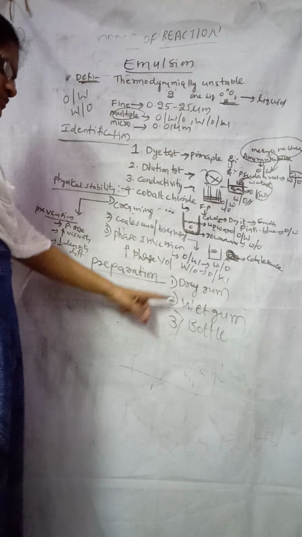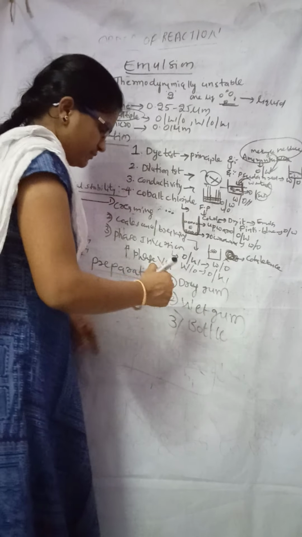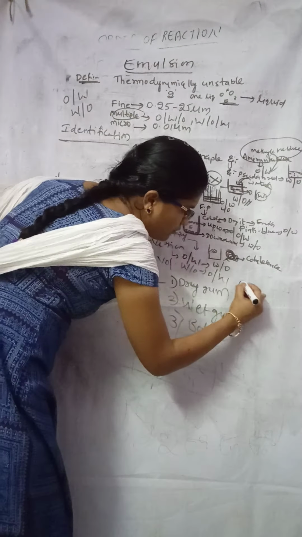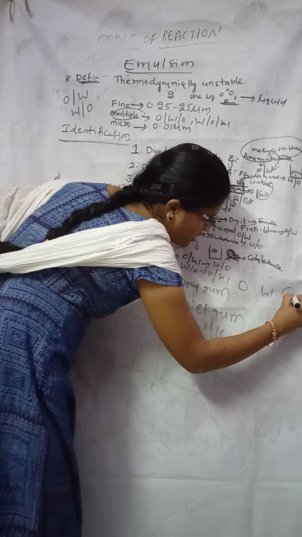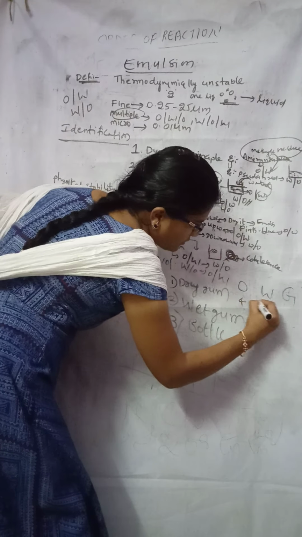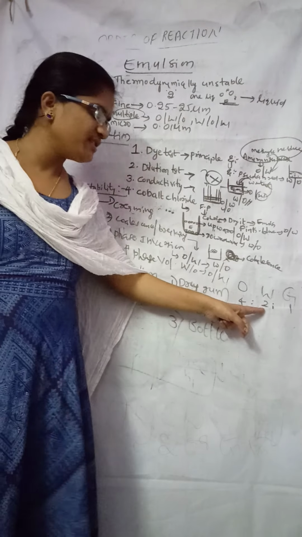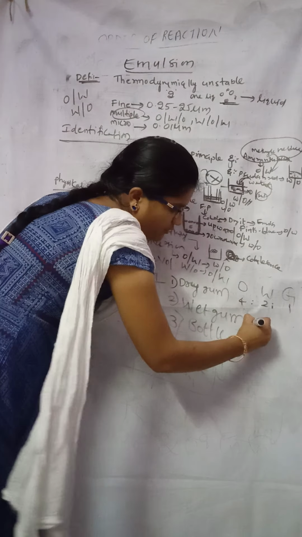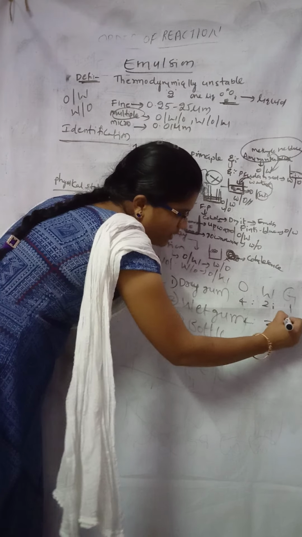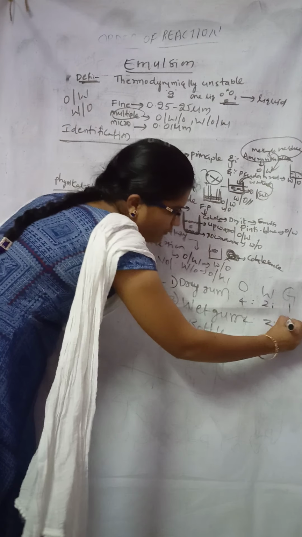So dry gum, wet gum and bottle method. Here the oil, water and gum ratios are important. In the dry gum method, 4:2:1: 4 parts of oil, 2 parts of water and 1 part of gum. In wet gum also, 4 parts of oil, 2 parts of water and 1 part of gum.